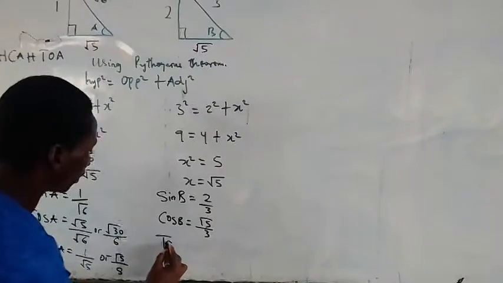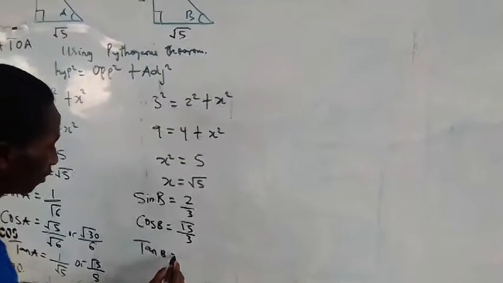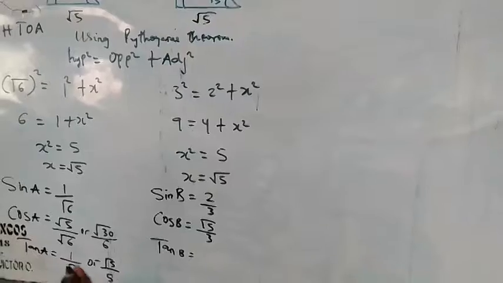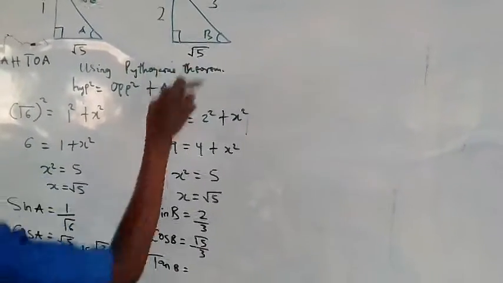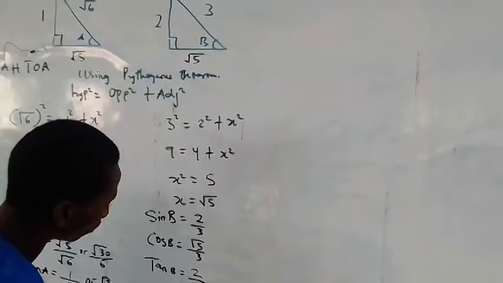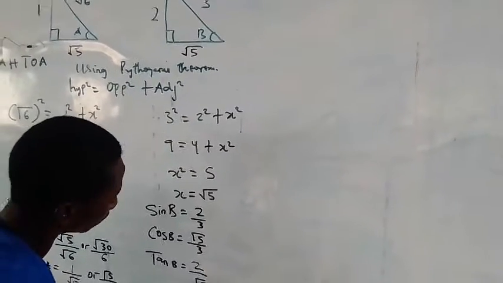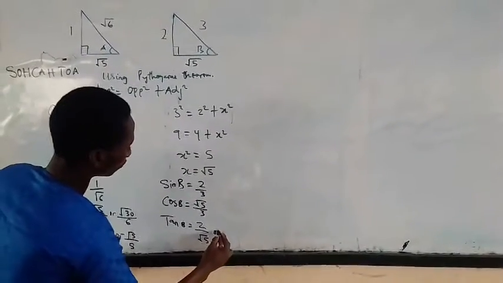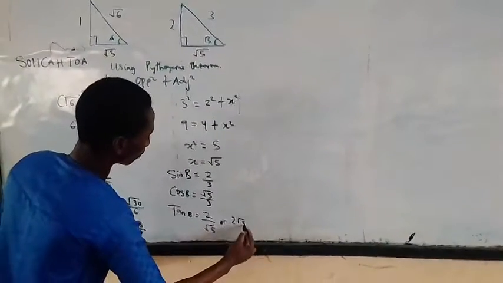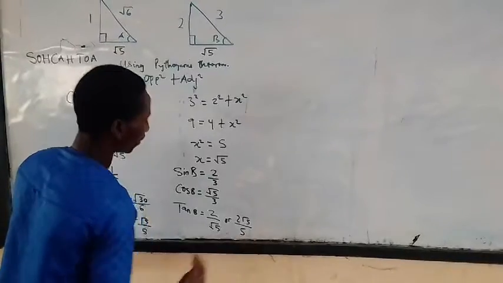Then our tan B is equal to opposite over adjacent, 2 all over root 5. If you like, you can rationalize: 2 root 5 all over 5.